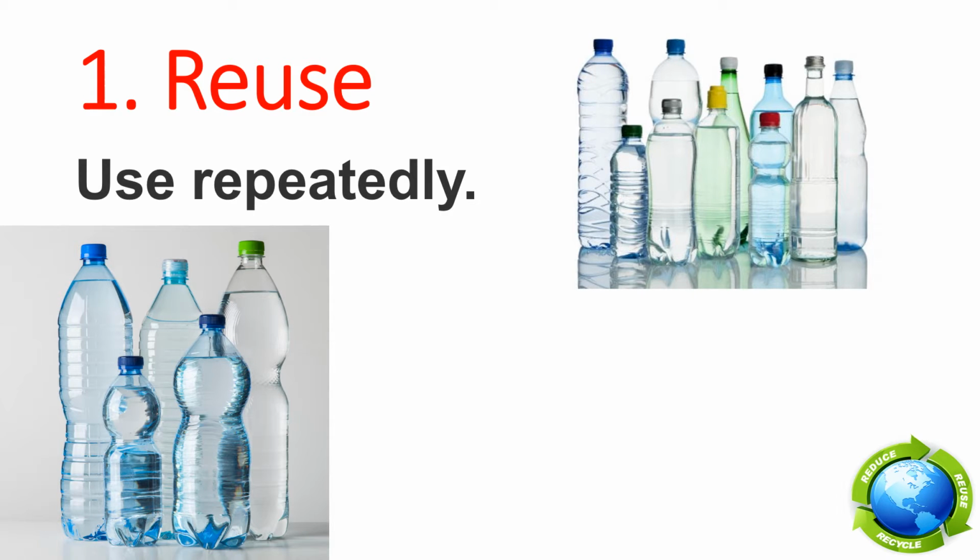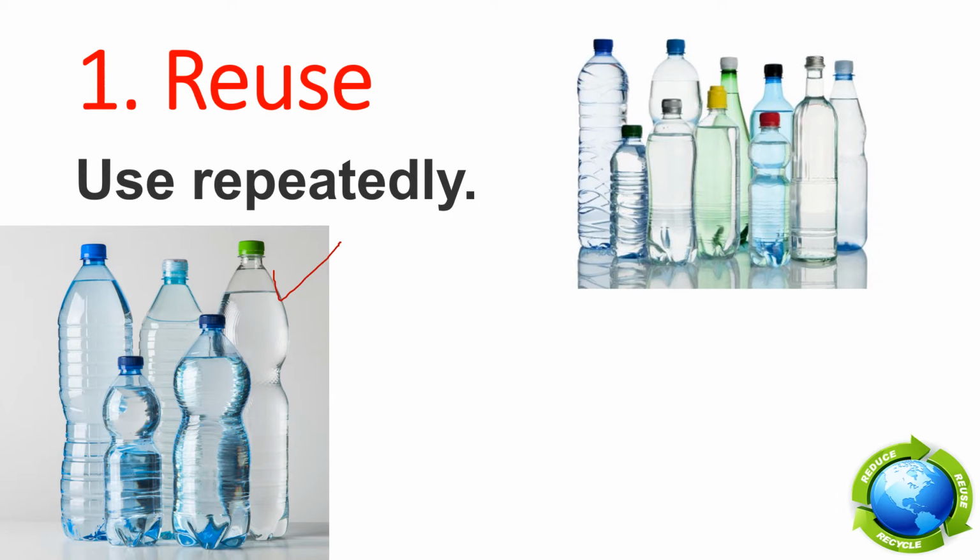Okay, so first we have reuse. In the three R's, we have reuse, reduce, and recycle. So first is reuse. When we say reuse, it means to use repeatedly, use again. For example, the bottle of water. We have bottles of water over here.